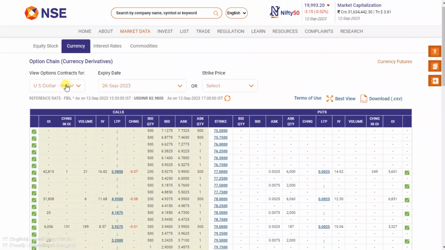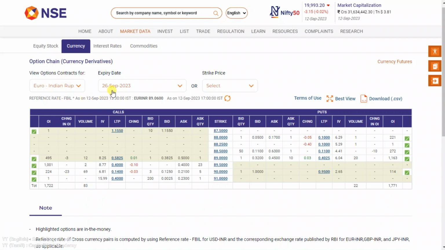I will show you the JPYINR. See the monthly option, only 1700 contracts, and here also 1700 contracts. Poor liquidity. If you want to enter, it's very tough. You see the price gap. Very tough to enter and very tough to exit also.